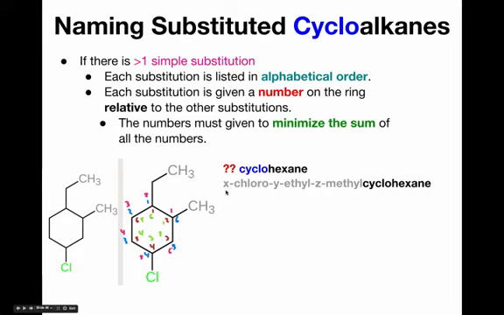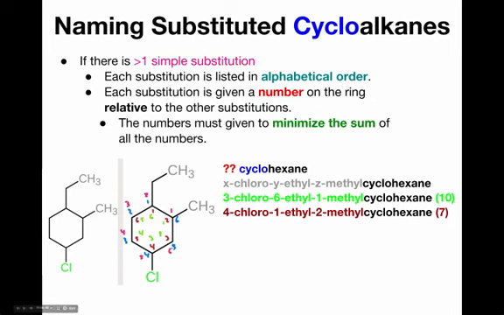So the beginning of the name is X-chloro, where X is whatever number carbon the chlorine is attached to. Y-ethyl, because ethyl comes next alphabetically, and Y is whatever number we pick for the carbon the ethyl is attached to, and Z-methyl, where Z is the number of the carbon the methyl is attached to, and then cyclohexane.